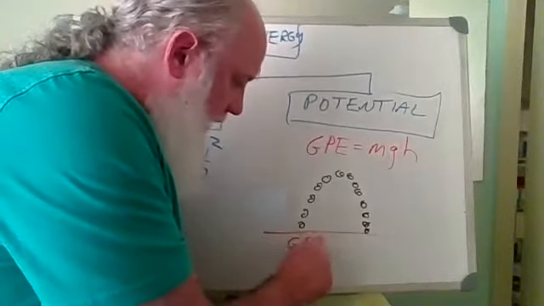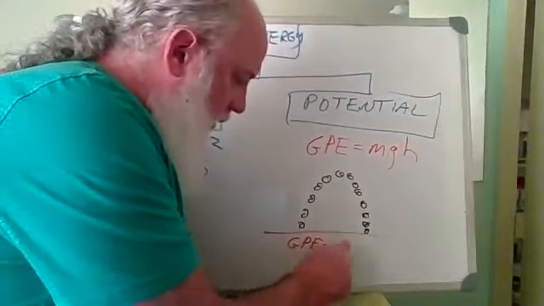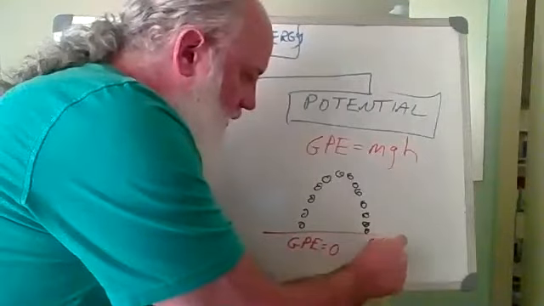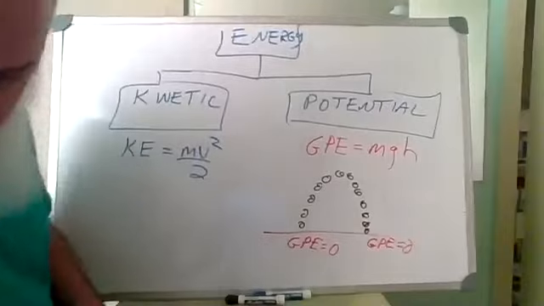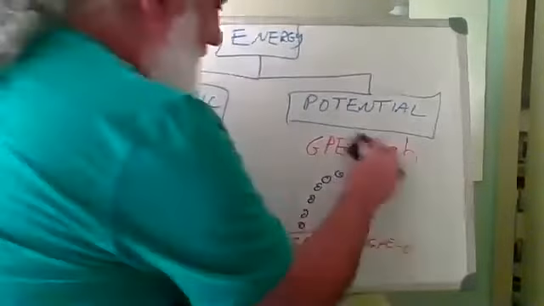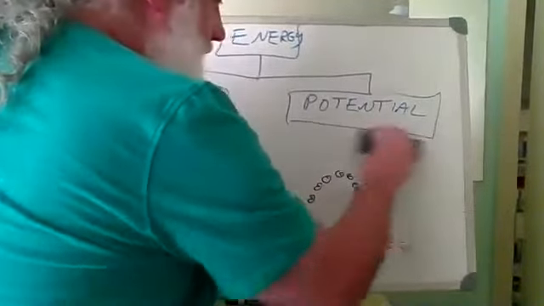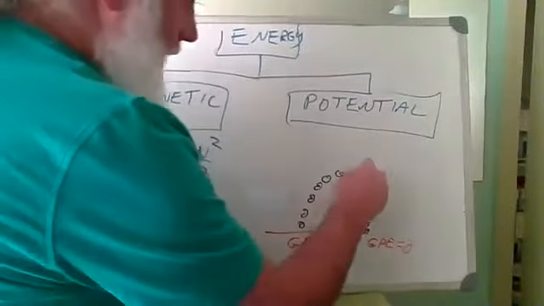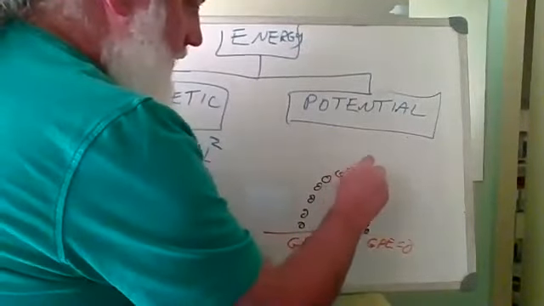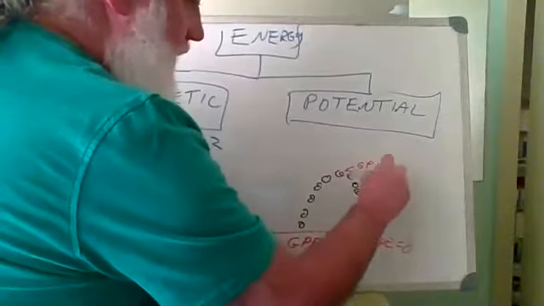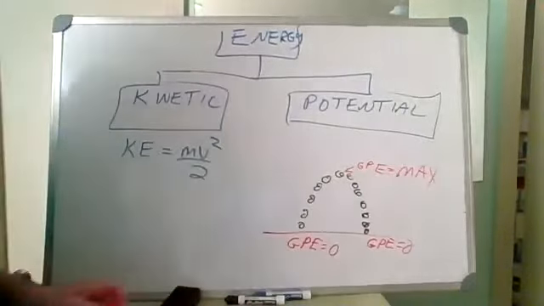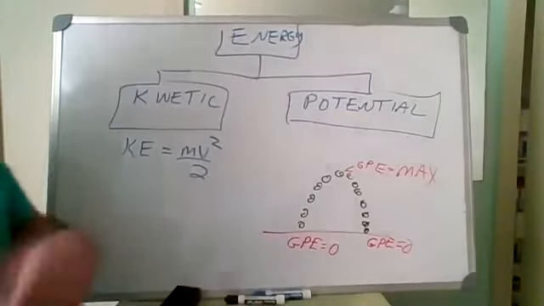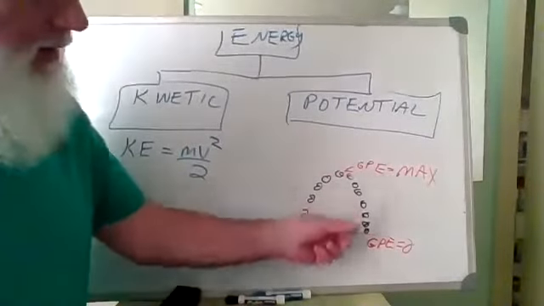When the ball is here, the gravitational potential energy equals 0. And over here, the gravitational potential energy equals 0. And when the ball is at its highest point in the air, up here, the gravitational potential energy is at its maximum value.